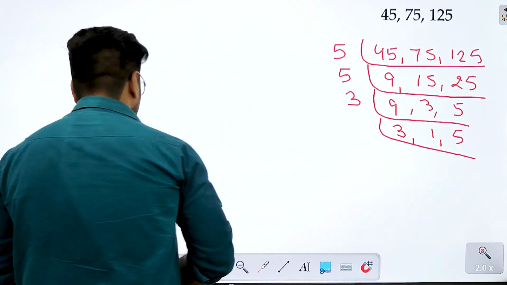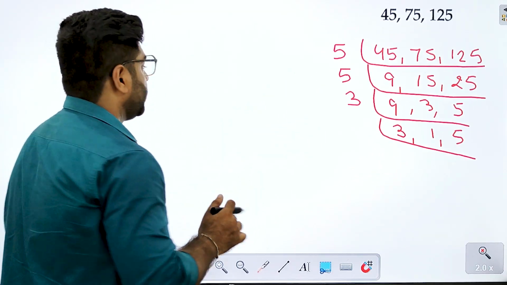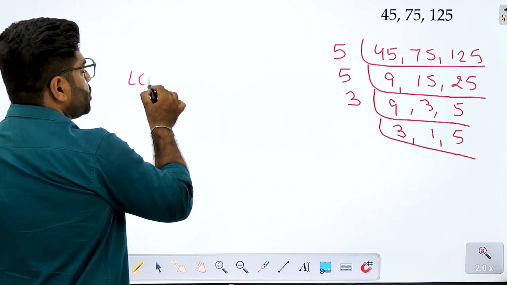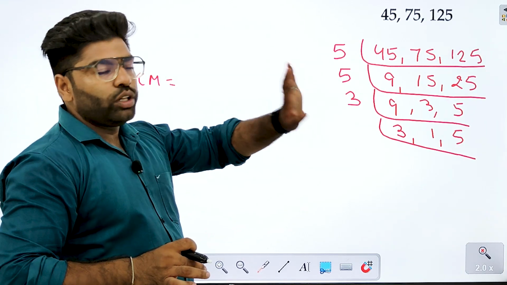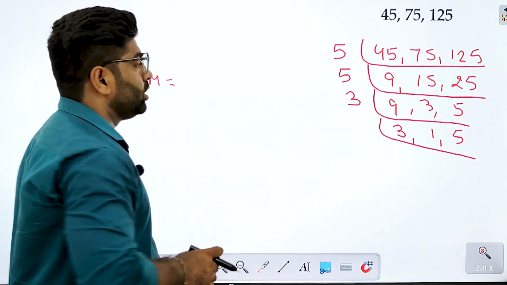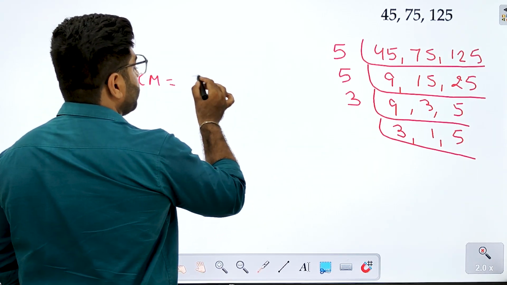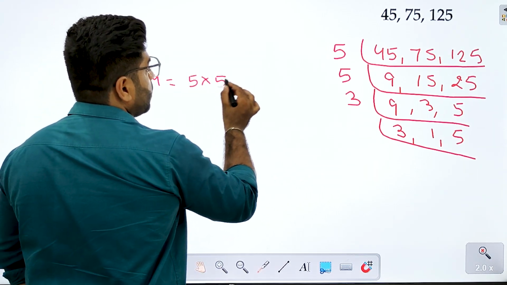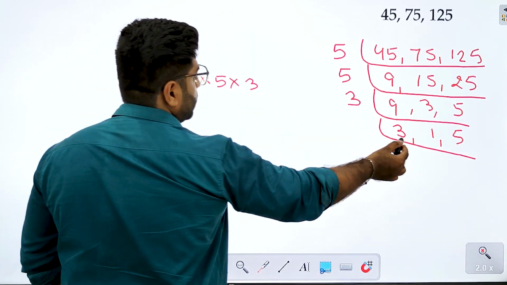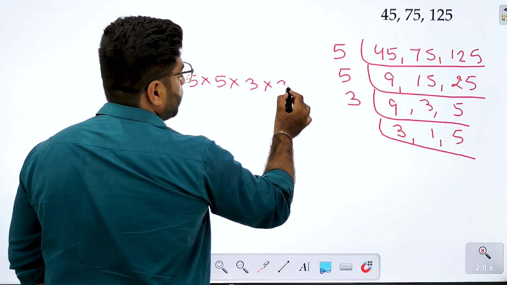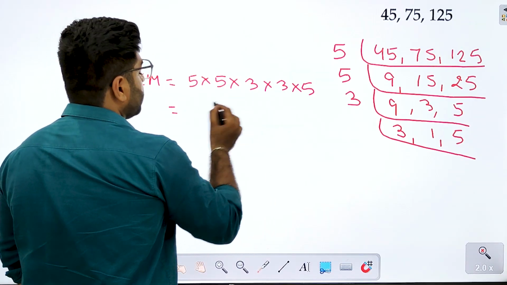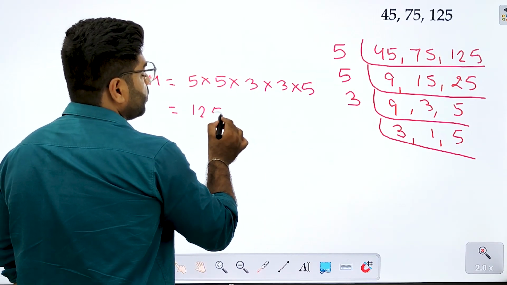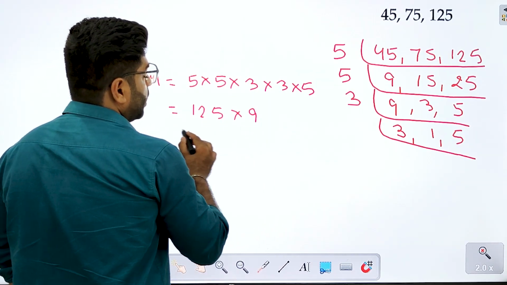So I'm going to find out the LCM by short division method. When we use this method, we just have to multiply these factors. Just like 5 multiplied by 5 multiplied by 3, and these two factors also 3 multiplied by 5. Okay, this is 5 5s are 25, 5 25s are 125, multiplied by 9.